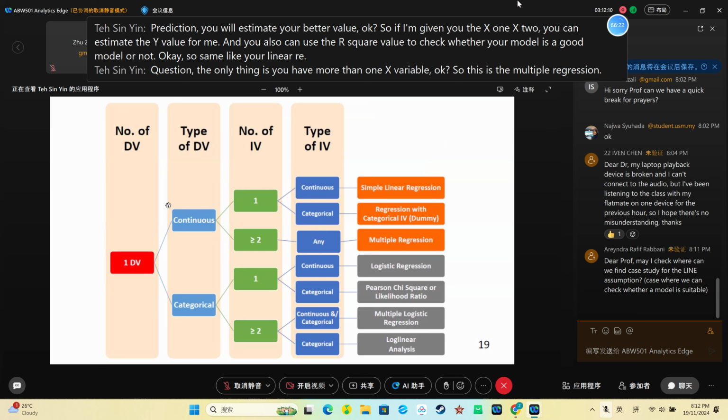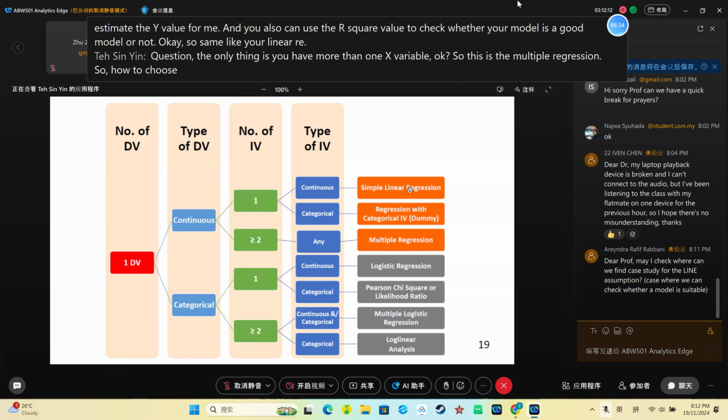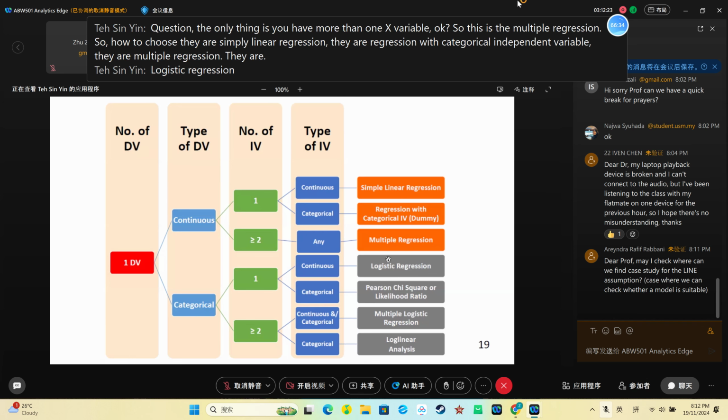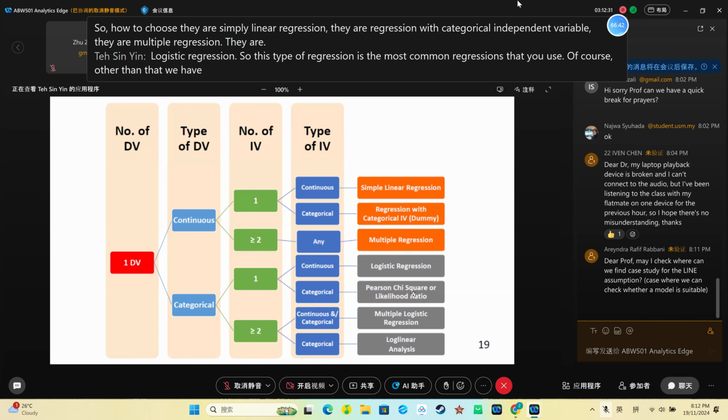So how to choose? There is simple linear regression. There is regression with categorical independent variable. There is multiple regression. There is logistic regression. This type of regression is the most common regression that you use. Of course, other than that, we have Pearson chi-square. We have multiple logistic regression.